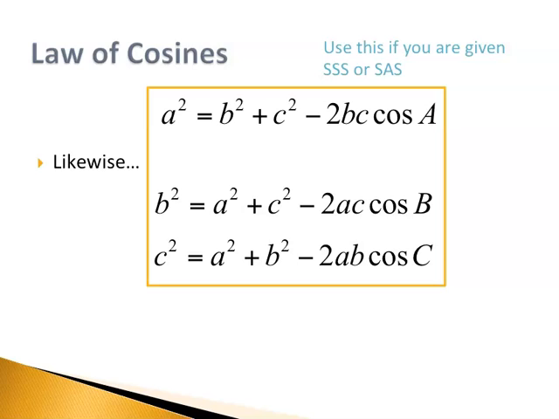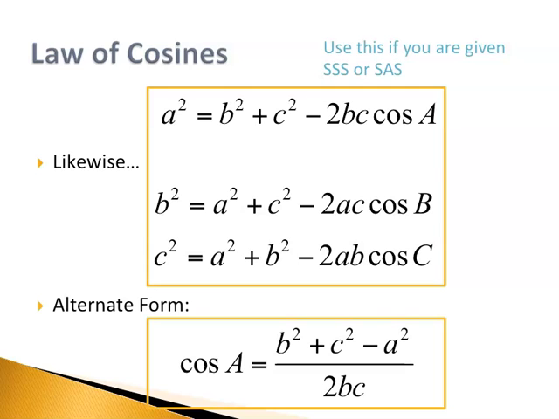So really take that first, a squared equals b squared plus c squared minus 2bc cosine of A. If you take that and you want to get cosine of A by itself, in this case we would add 2bc cosine of A to the other side, subtract the a squared over to the right, and then divide by 2bc, and that would give us cosine of A. And that's exactly how we get this alternate form. But just know that this is really the same as that very first formula you have written there. It's just that it makes it a little bit easier to find the angle measure.